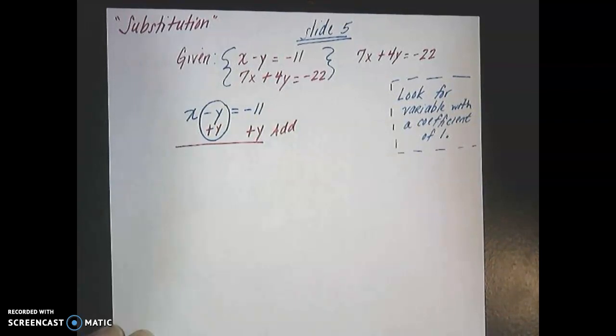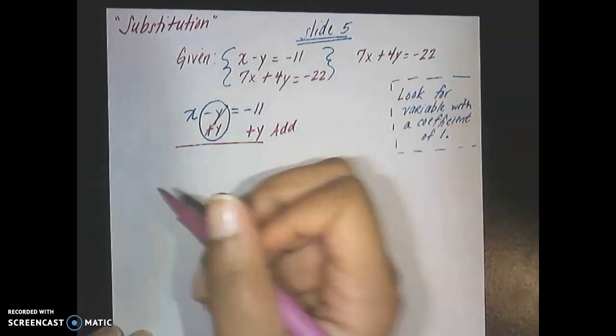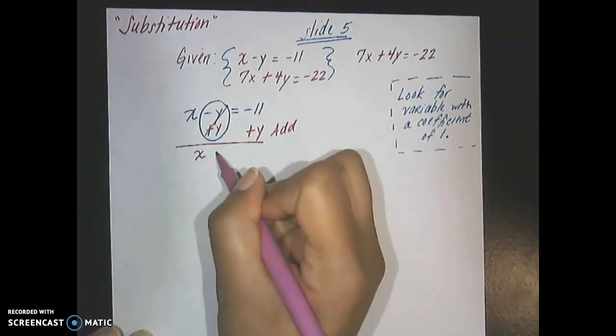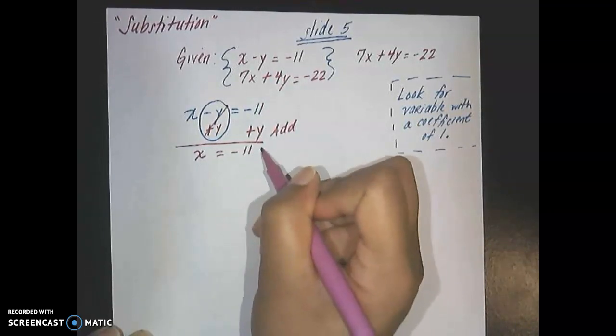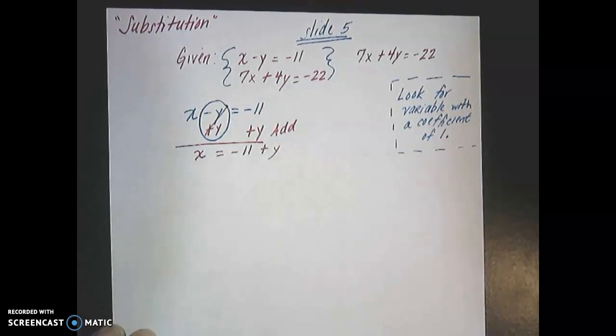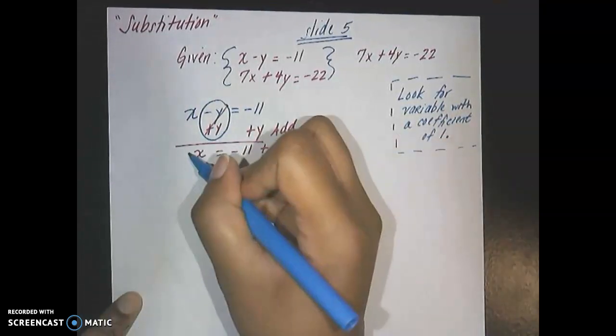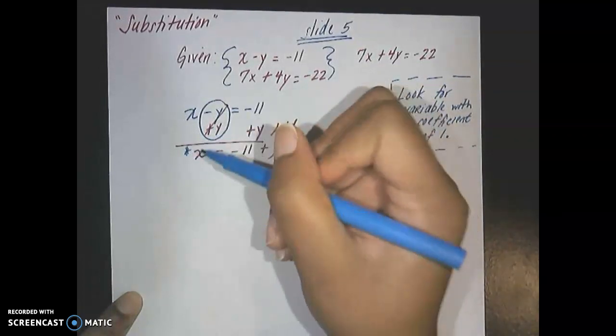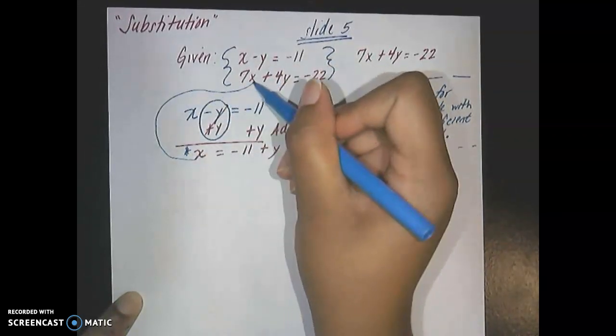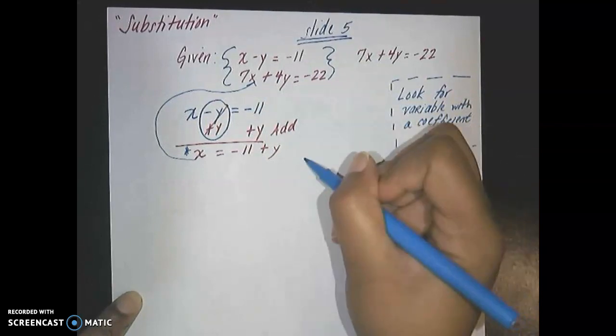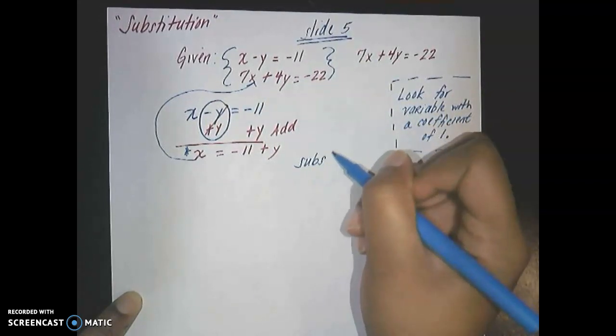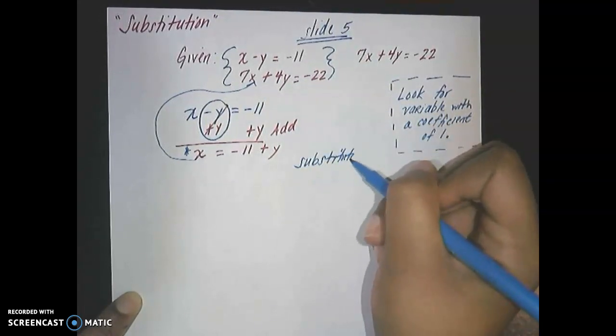That's going to leave us with a 0 here, and we're going to have x equals negative 11 plus y. Now this is what I am going to use to substitute into this equation.